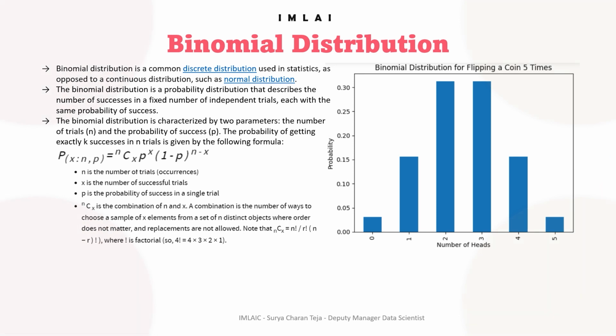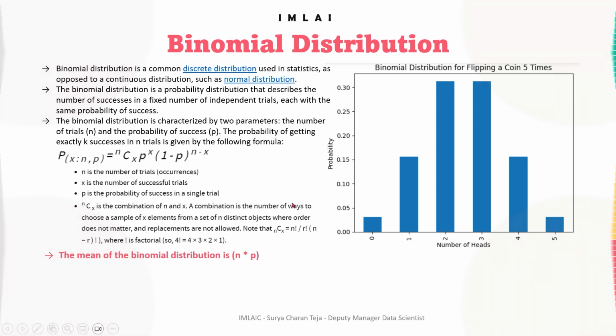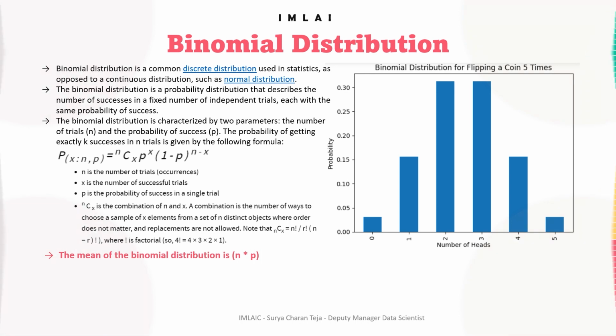So now let's move ahead. Next, the mean of the binomial distribution is n times p. Remember this: n, the number of trials, times the probability of success. That's the mean. We will prove this, not to worry about that.